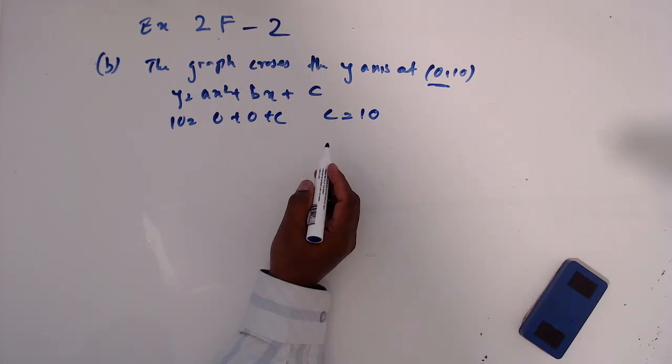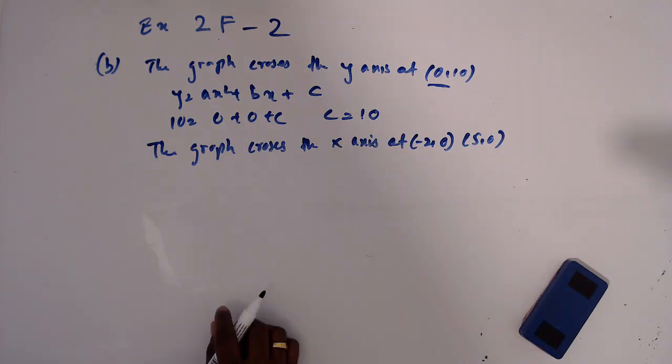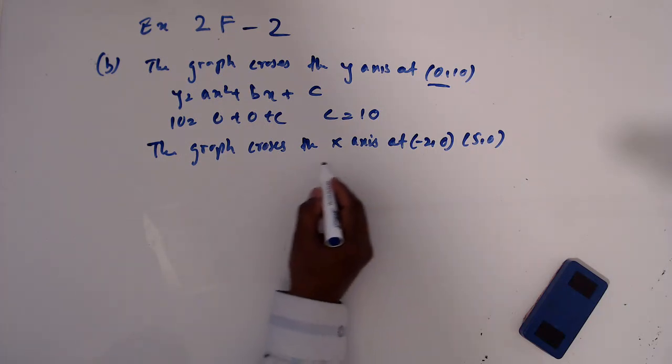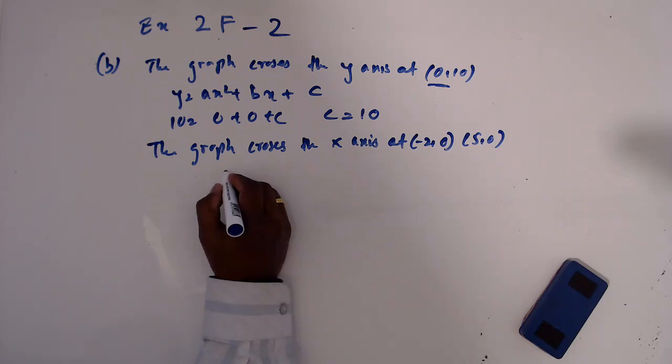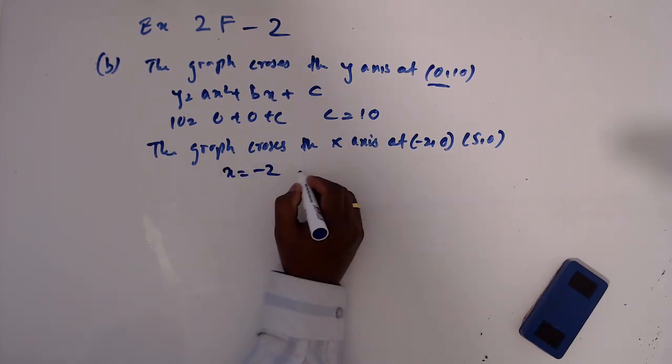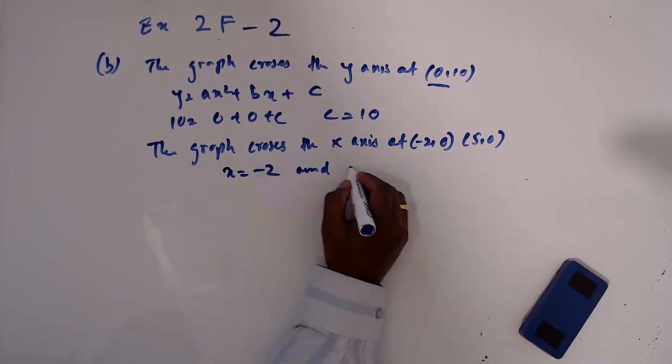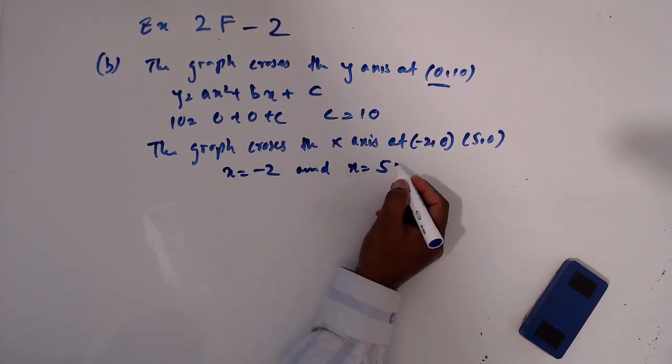Then the graph crosses the x-axis at minus 2, 0 and 5, 0. It means x equal minus 2 is a root and x equal 5 is a root.